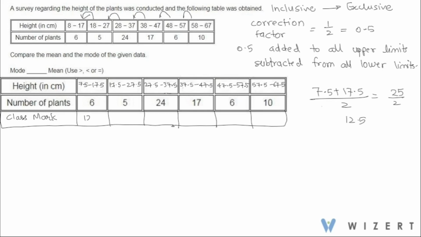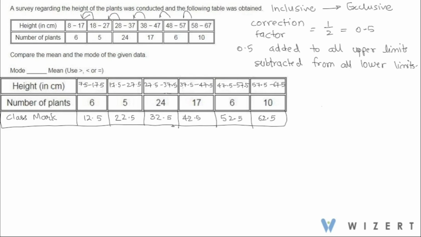So this is 12.5, this is 22.5, this is 32.5, 42.5, 52.5 and 62.5. So these are the class marks of all the classes.